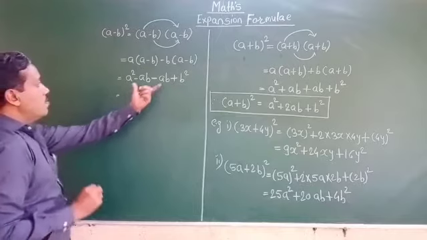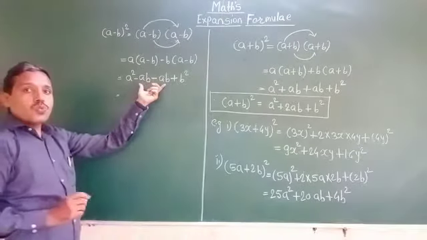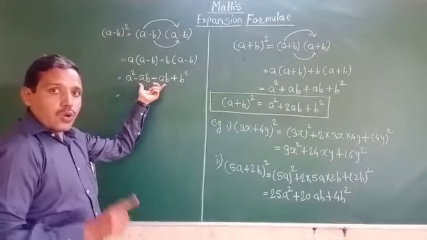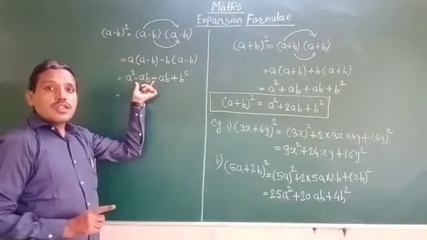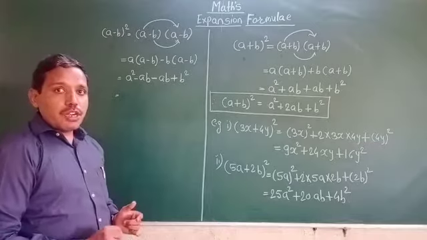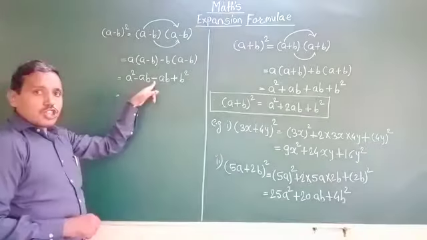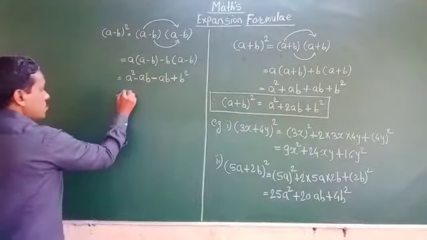We see that two terms in that expansion are like terms and both show the negative sign. So the addition can take place between them, but the answer shows a negative sign.